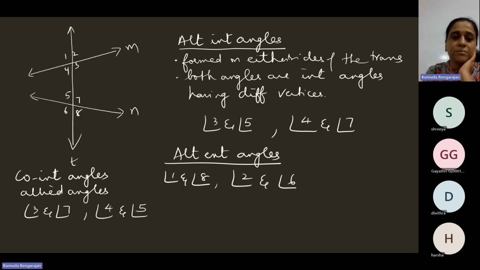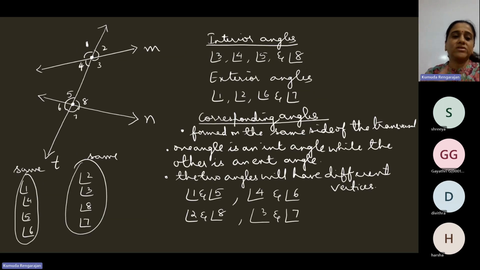The confusion is when you're asked this question: M is not parallel to N. Can you call 1 and 5 corresponding angles? Suddenly we feel that if M is not parallel to N, they're not corresponding angles. It's not like that.